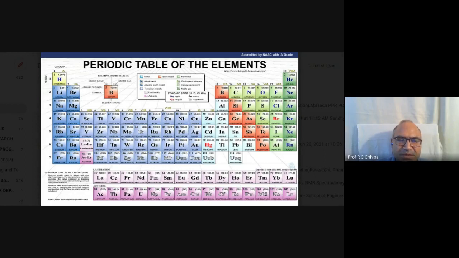For example, the very well known table salt, sodium chloride. Sodium is represented by the chemical symbol Na, and chlorine's chemical symbol is Cl. So sodium chloride is the table salt which we use regularly. Now the question is how this NaCl is formed and why this NaCl represents the table salt.